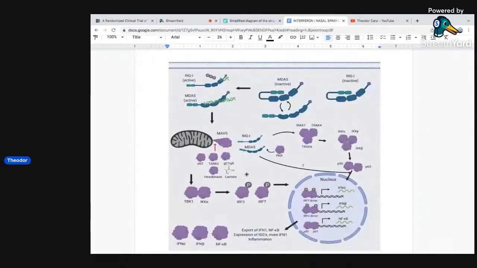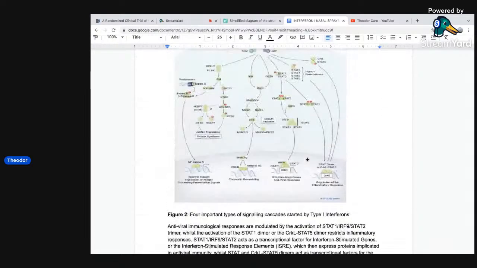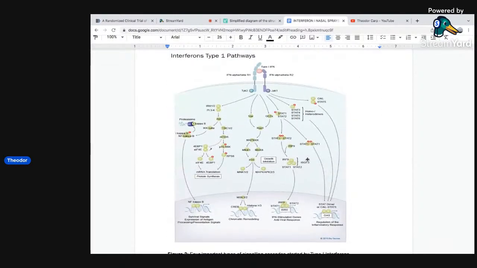So this is another diagram of intercellular production of type 1 interferons. So here you have what they call interferon 1 pathways. Once the interferon 1 molecules have exited the cell through exocytosis, they bind to a receptor, which is the interferon alpha beta R1 R2.